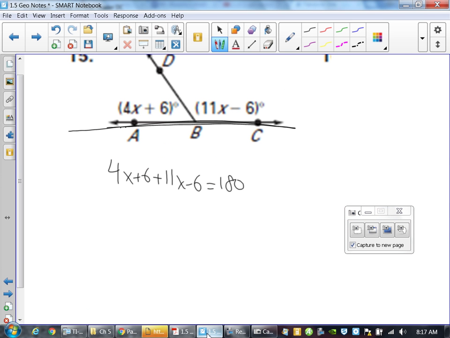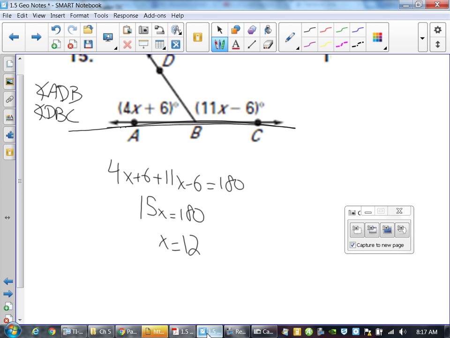So first we're going to have to solve for x, then plug x in. 4x and 11x is 15x. And 6 minus 6 is 0. Divide this out, and I do believe we get 12.